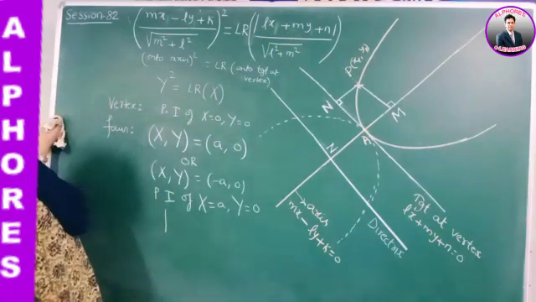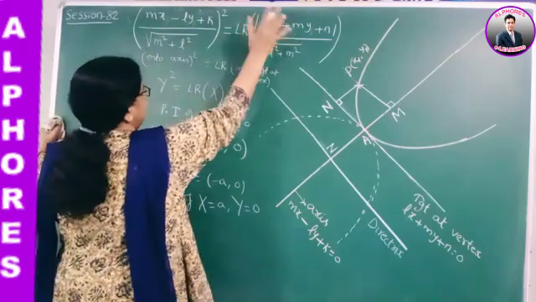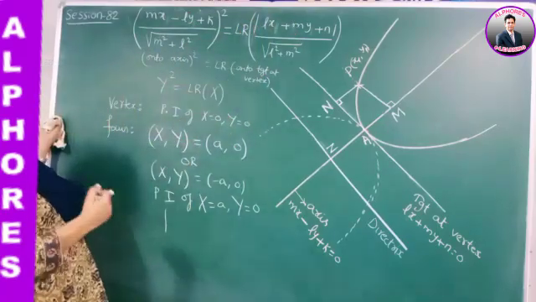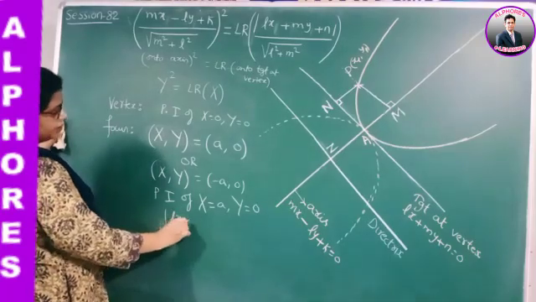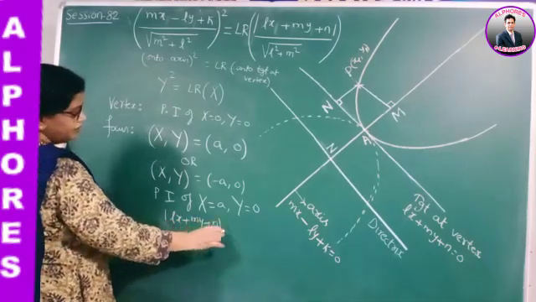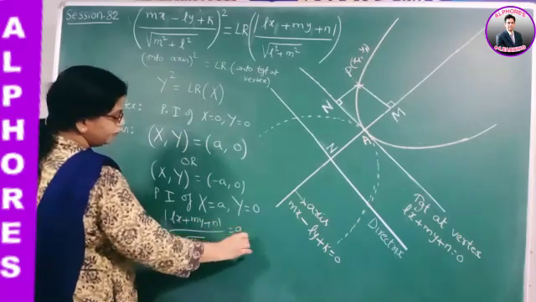That is very important. This entire thing is y and this entire thing is the x value along with the denominator. So this is mod of lx plus my plus n divided by root of l square plus m square equal to a, comma, y.